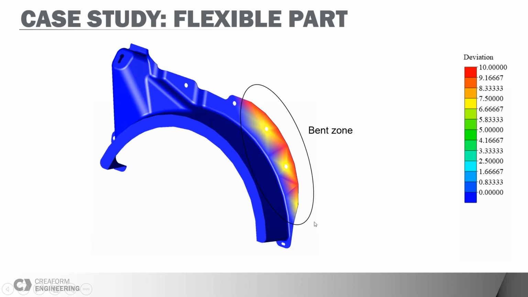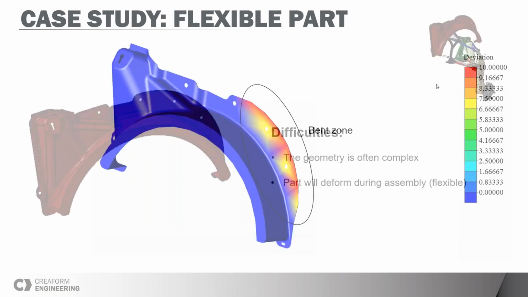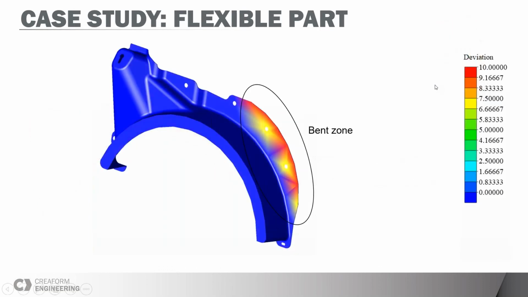In addition to that, we specified the constraint conditions of all the areas that were less rigid. Almost all flexible parts will have some areas that are more rigid and some that are more flexible. So the idea is to simulate as best as we can the way the part will be installed in the next assembly.